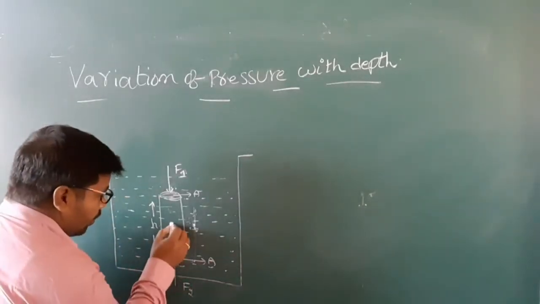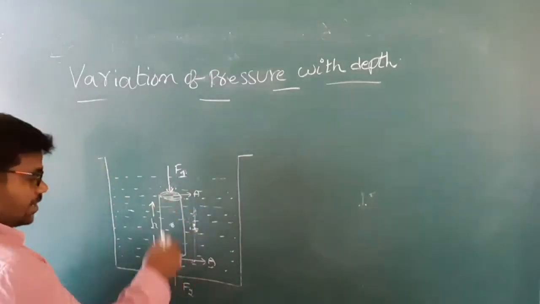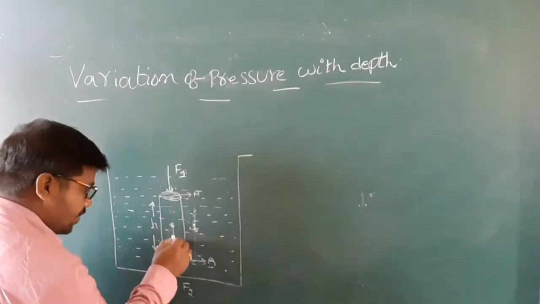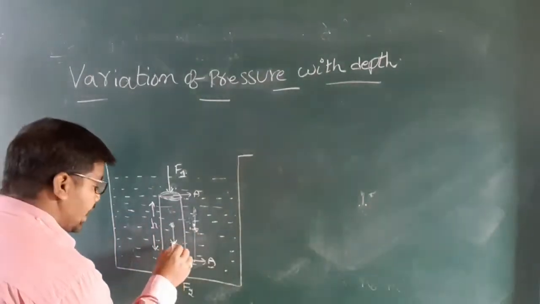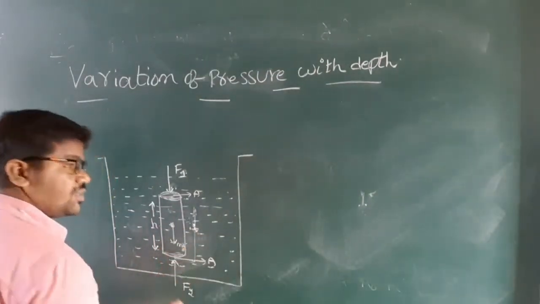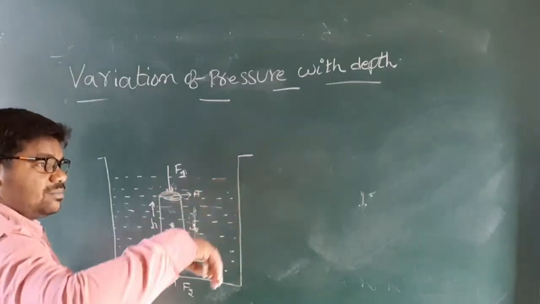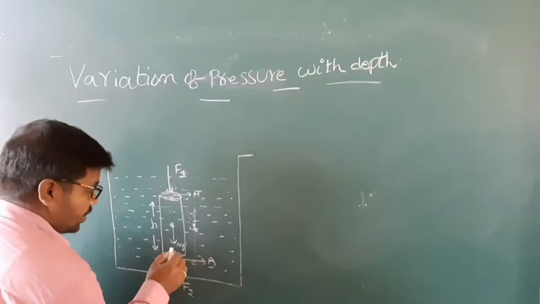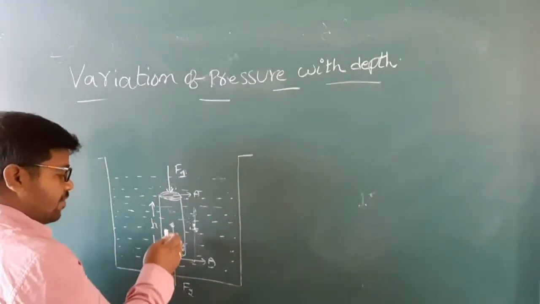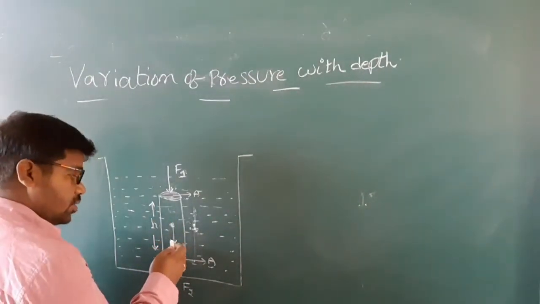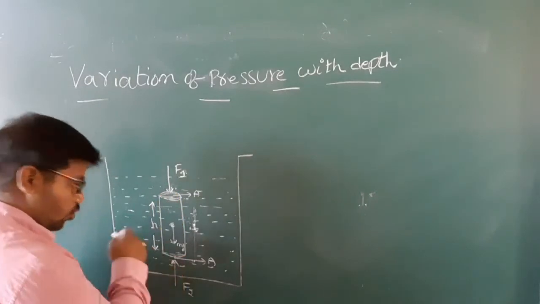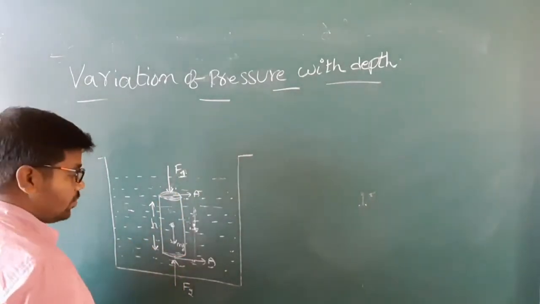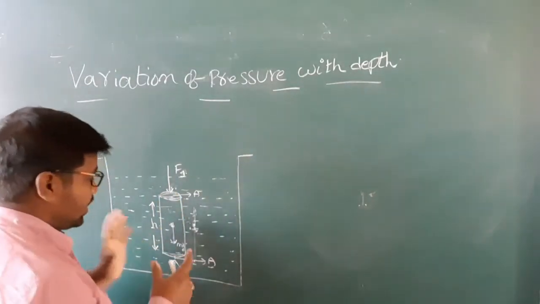Then here some mass is there, so due to mass, weight acts downward. So this is the diagram.